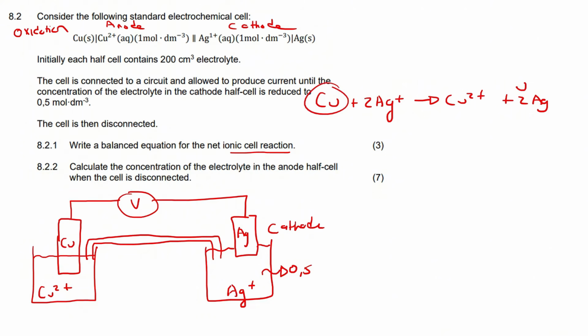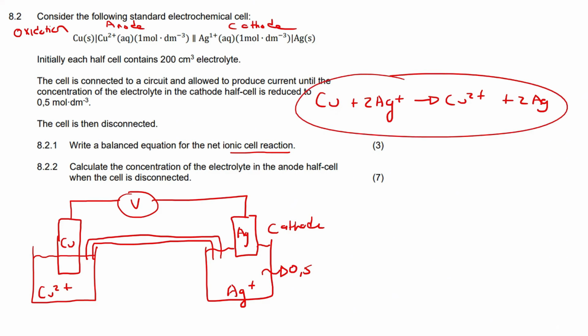And then if we look at the copper, we can see that we're starting off with copper, which is over here, and then that's going to convert into Cu2+. So the Cu2+ is going to end up becoming more, and the Cu is going to end up becoming smaller. Pieces are going to start breaking off as it converts into Cu2+. Okay, so make sure you understand what this reaction is telling you. It's telling you everything you need to know.